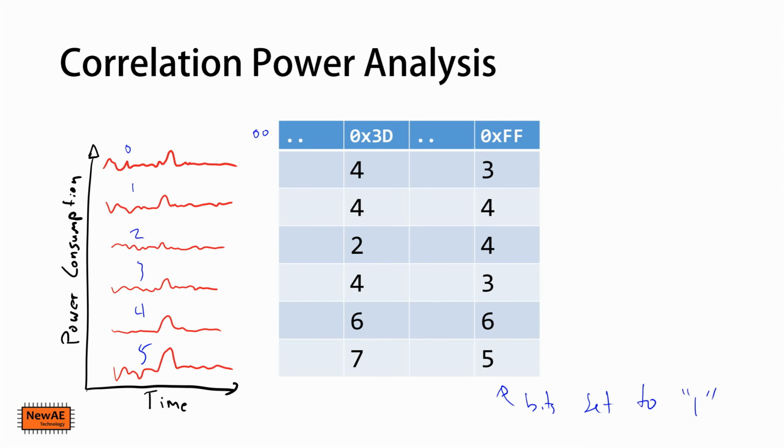So we have the number of bits set to 1, and we have these power measurements. And we're just going to check for this correlation at every point in time. So you can see, for example, I could pick this point in time. I took some samples here. And I could pick another point in time. I took some samples here. I'm just going to put some dots.